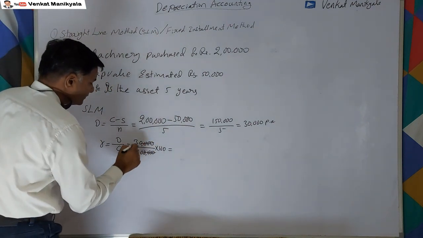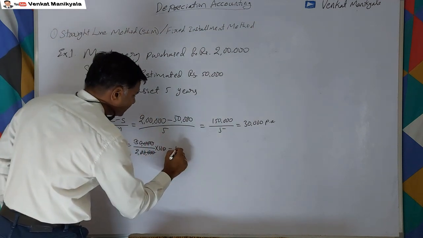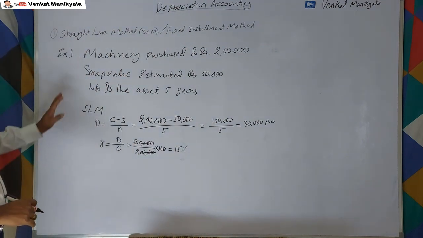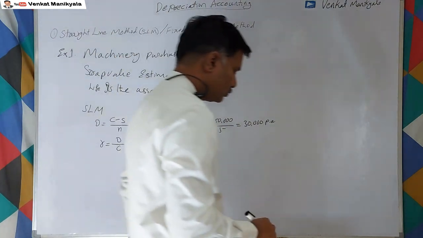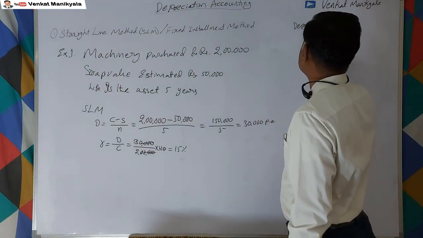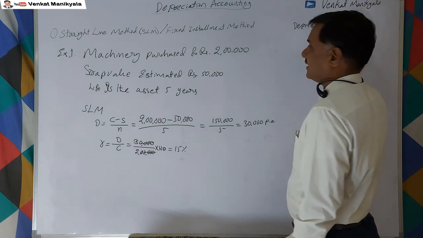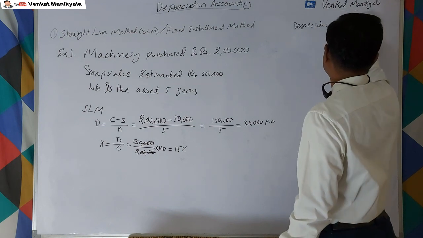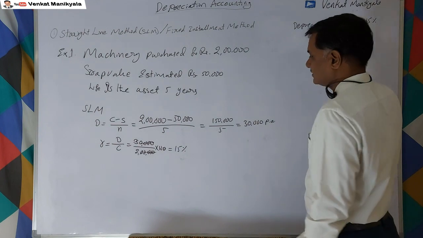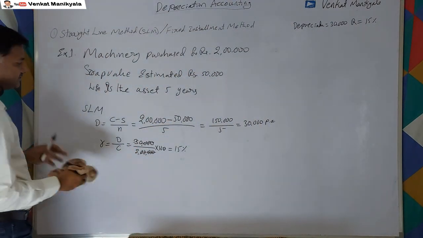So this is 15 percent, right? 15 percent is the rate of depreciation. Now under this method we found two things: depreciation is 30,000 per annum, and rate of depreciation is equal to 15 percent, right? These two we found by these calculations.